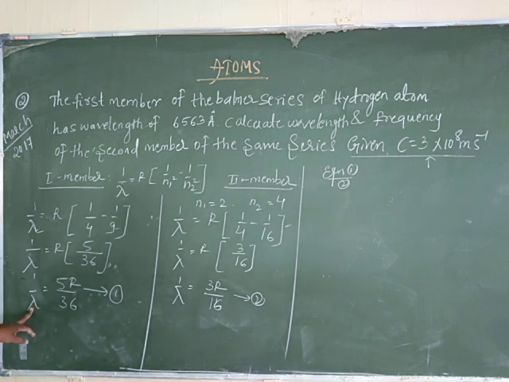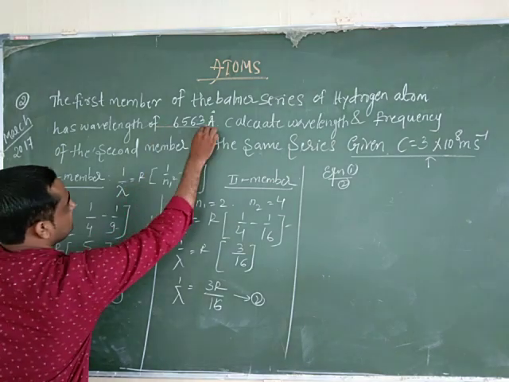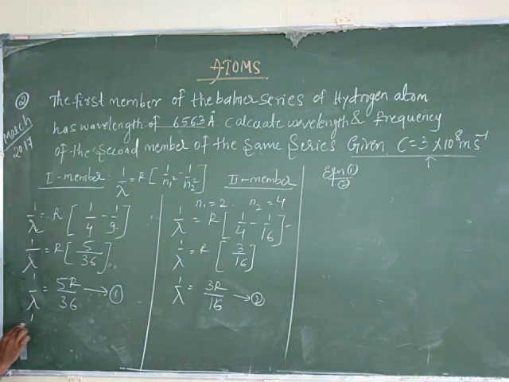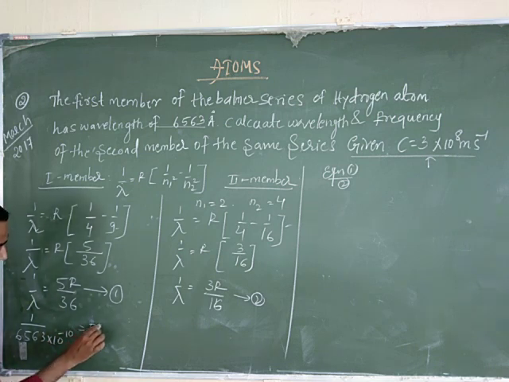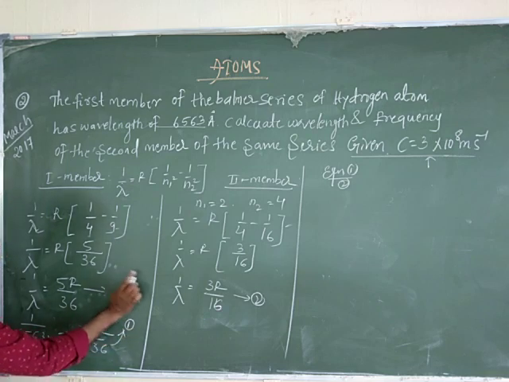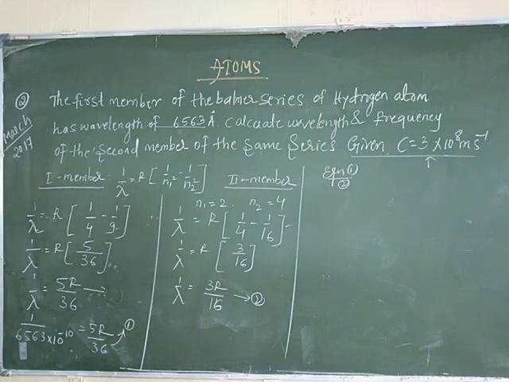The value of lambda is given here for the first member of the Balmer series, that is 6563 angstrom. So this is equal to 1 divided by 6563 into 10 to the power minus 10, and this is equal to 5R divided by 36. Call this equation 1.